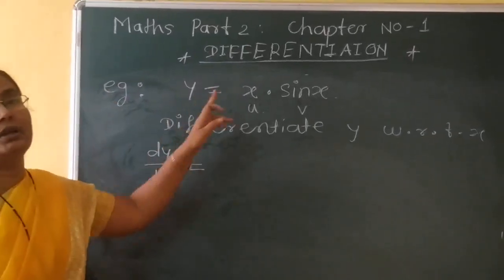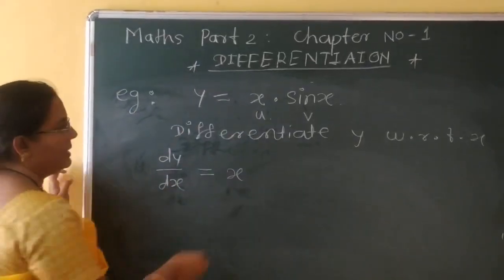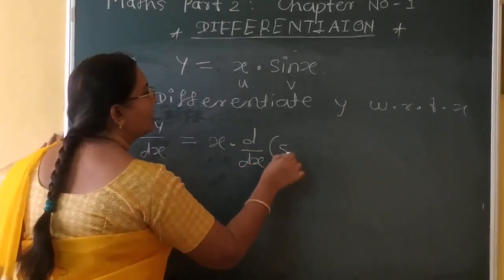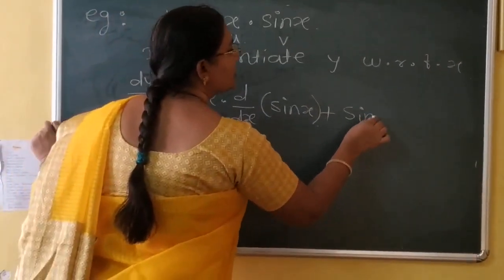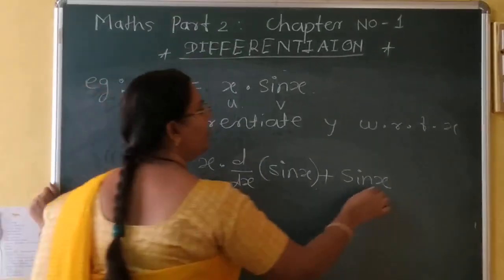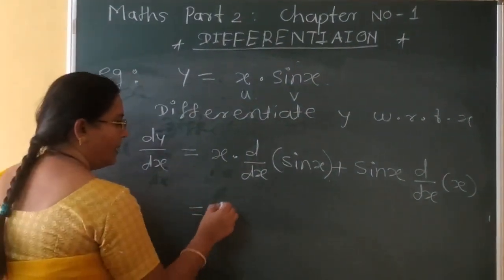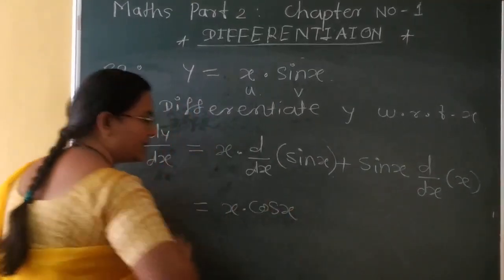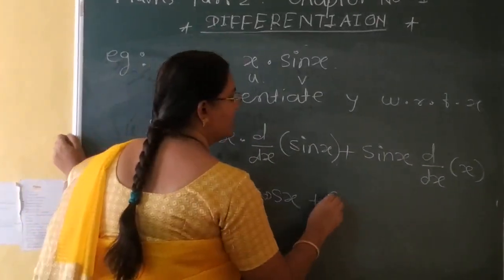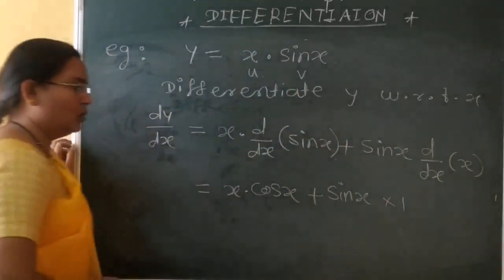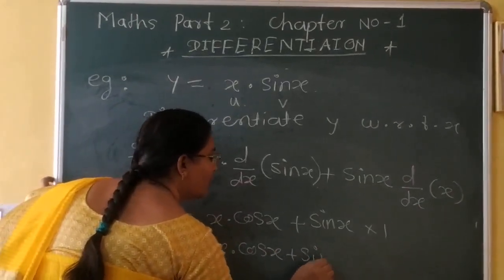Using the product rule, keep the first function as it is, that is x, and take the derivative of sin x, d by dx of sin x, plus keep the second function as it is and take the derivative of the first function x. That is equal to x into the derivative of sin x, which is cos x by the standard formula, plus sin x and the derivative of x is 1. And the answer is x cos x plus sin x.